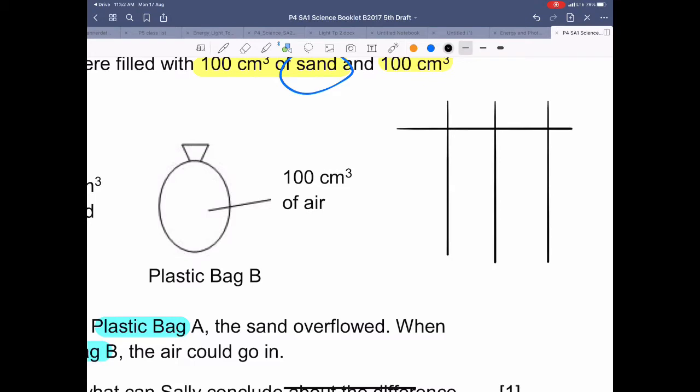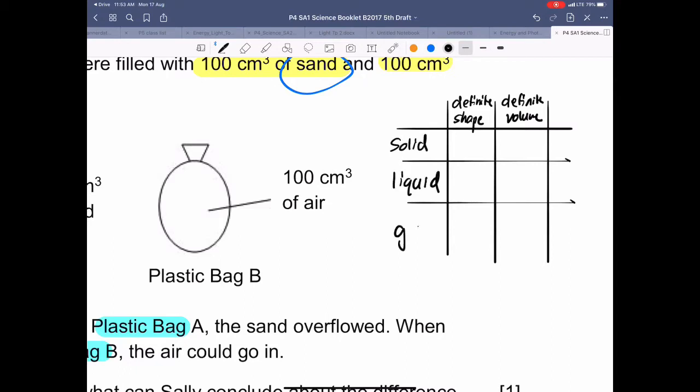So what happens is you have definite shape and definite volume, and then you have the three different states. What are the three different states? Solid, liquid, and gas. The solid has a definite shape and a definite volume.